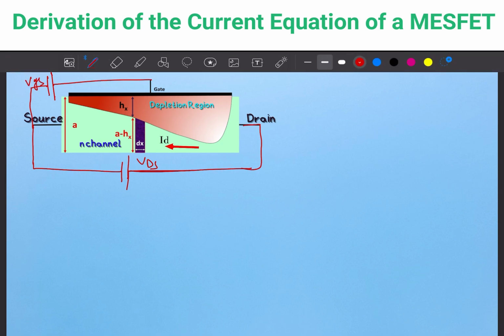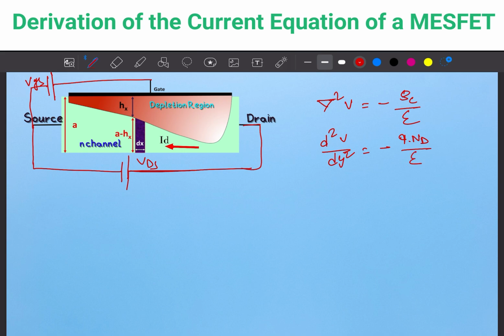Okay, so from Poisson's equation, we know del square V is equal to minus rho divided by epsilon, where rho is the volume charge density. So d2V by dy square is equal to minus q into Nd divided by epsilon.